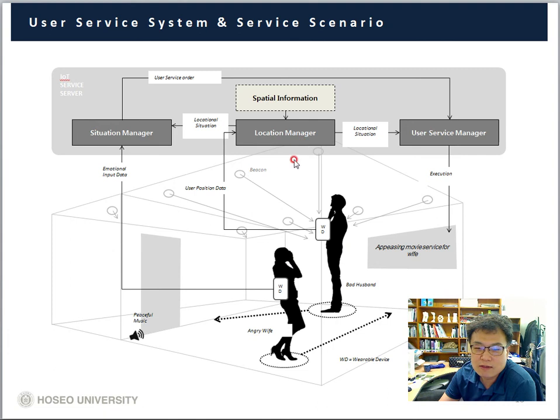So we make a location manager. This is the inferencing module. Using this location manager, we calculate the situation using spatial information and other data. This is the systemic idea of this project.